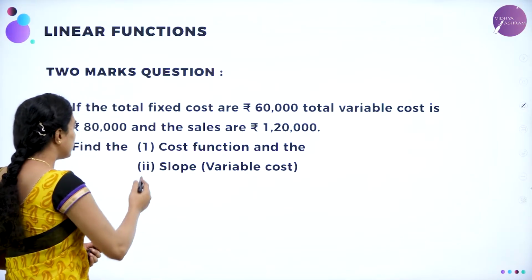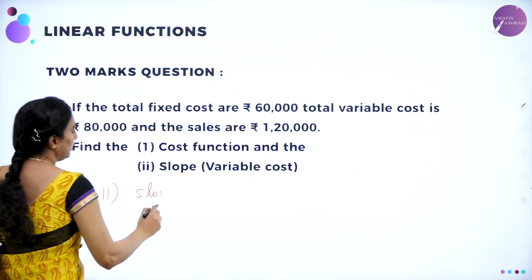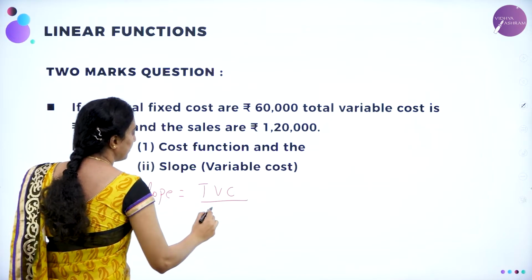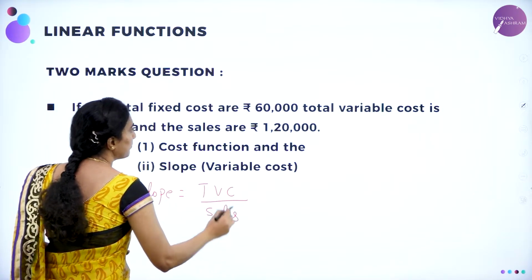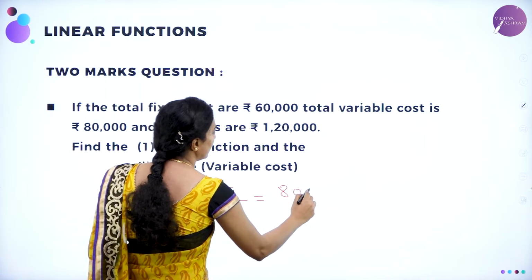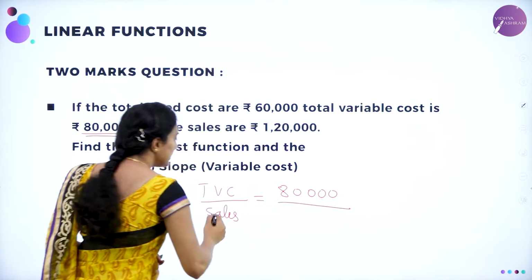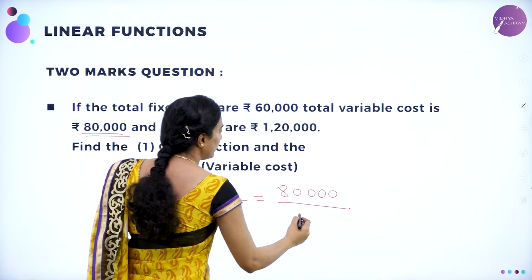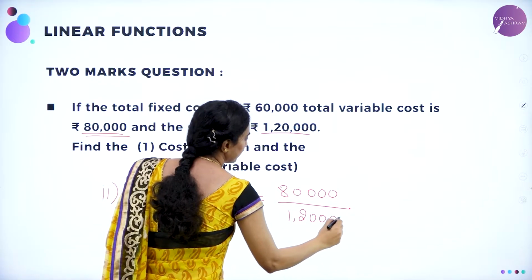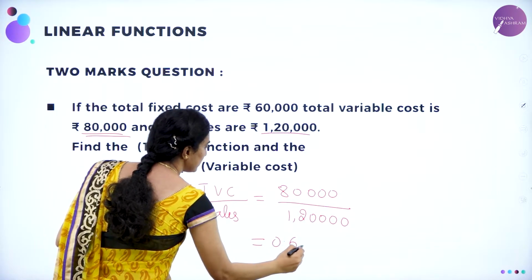The slope will be equal to total variable cost divided by sales. Total variable cost is 80,000 divided by sales 1,20,000. If you do this, you are going to get 0.6.